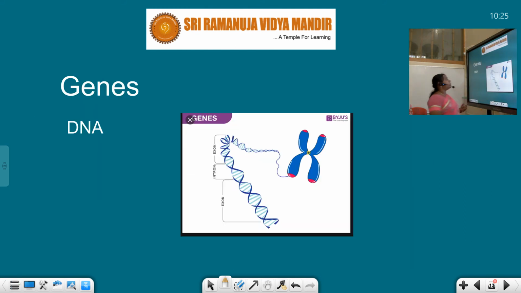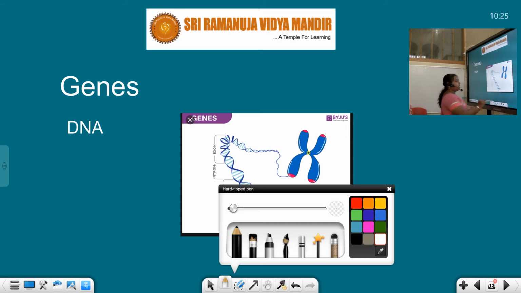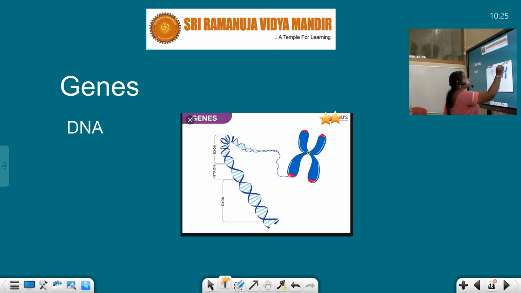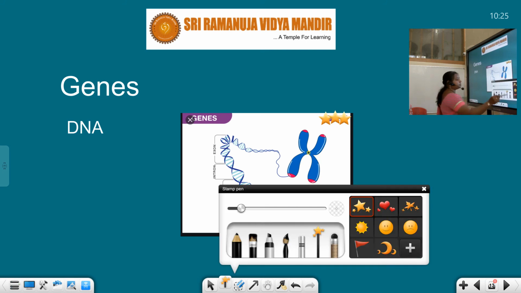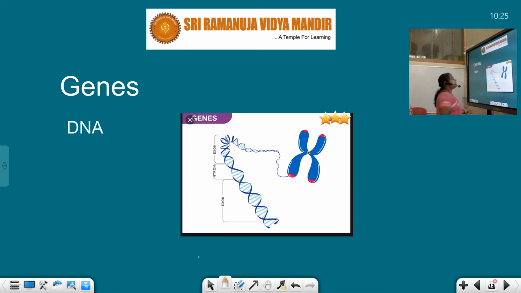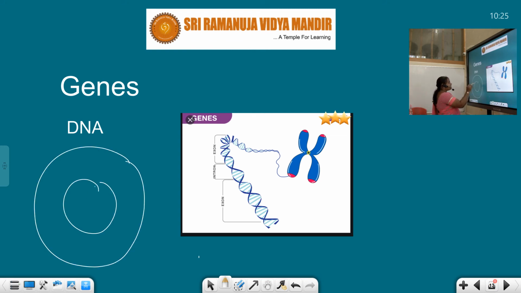And one more important point: gene. What do you mean by gene and DNA? So here, students, the functional fragment of the DNA is nothing but the gene. See students, this cell in the nucleus has the chromatin material. These small thread-like structures are present in the nucleus.